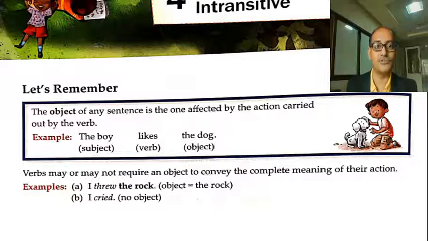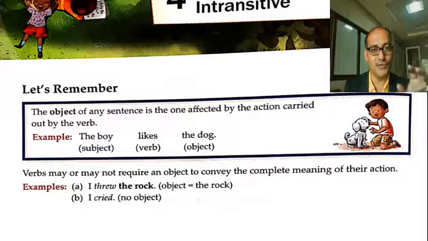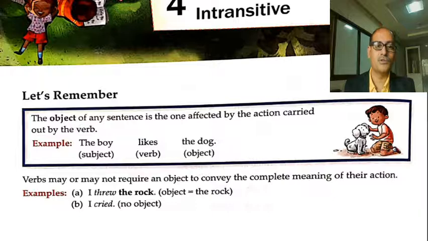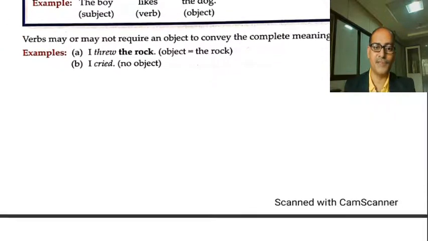Here the rock is the object. But suppose you say, I cried. Here the verb cried does not affect any object. So there is no object in this particular sentence. So we'll come to the next part.